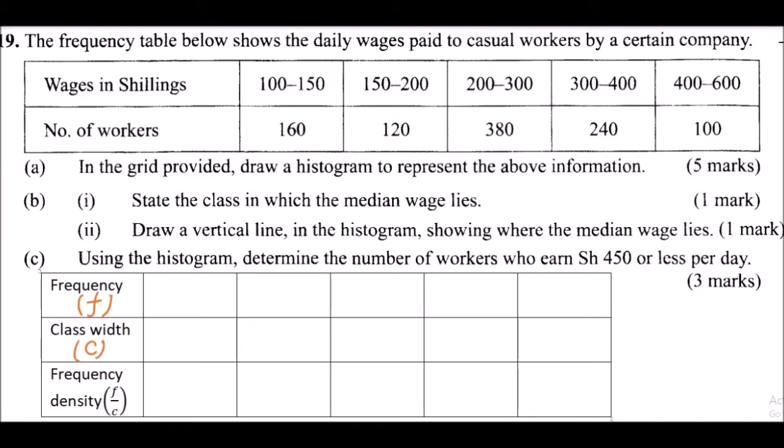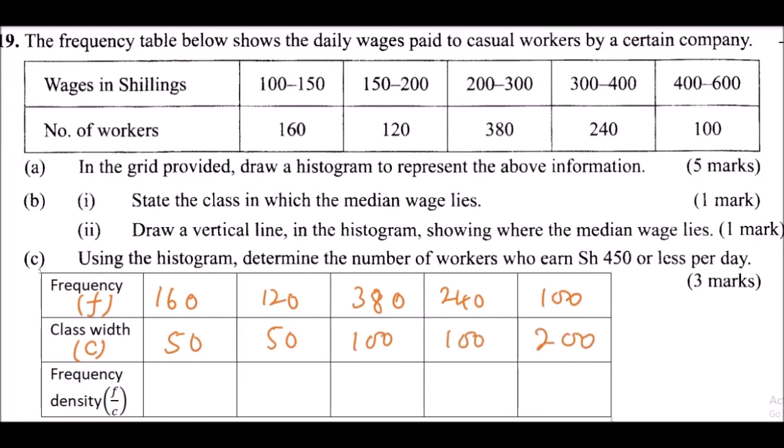So we have the frequency we have already been given: 160, 120, 380, 240, and 100. From there, we have the class width. The first one is 150 minus 100, you get 50. The second one is 50. The third one is 100, then 100, and then 200.